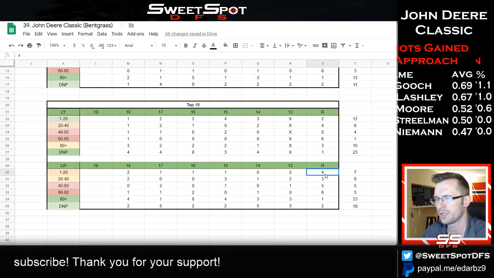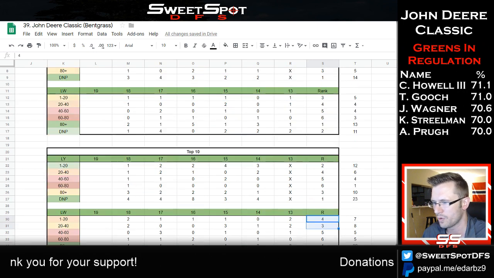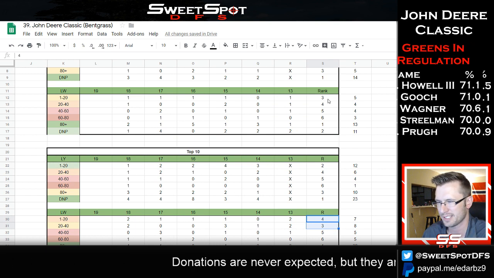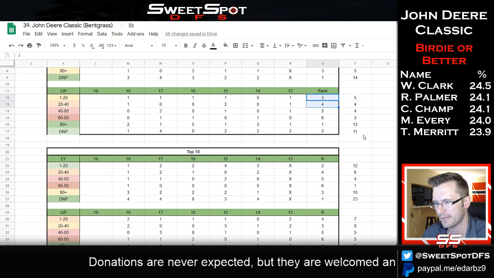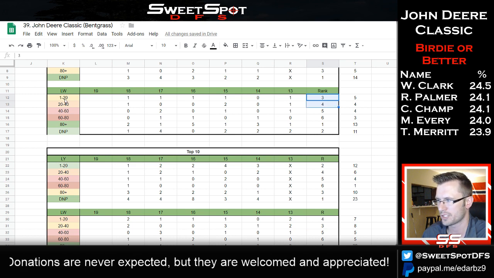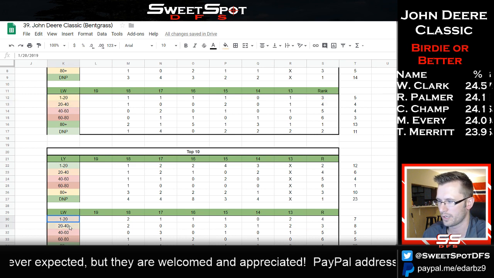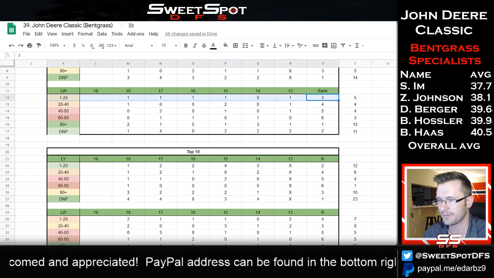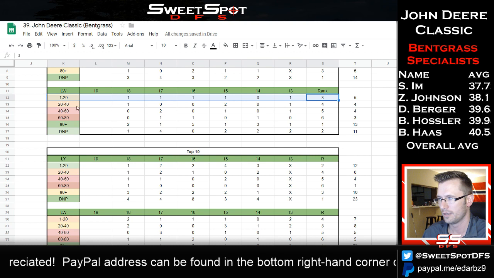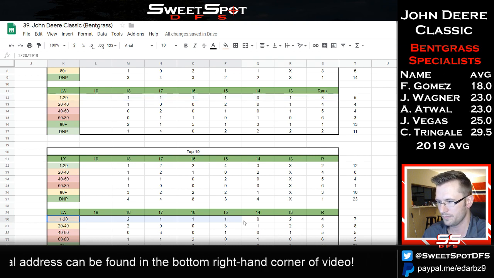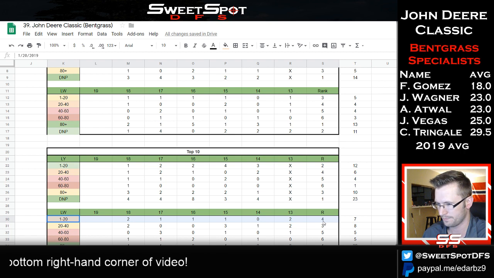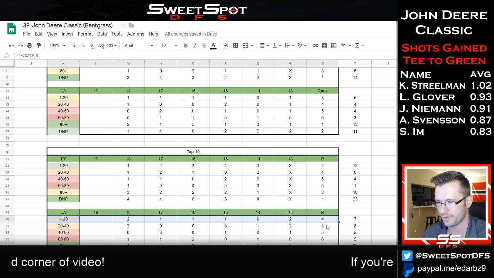Coming down here, the only notable thing to let you guys know is the last week bucket for the top 10 is slightly different than the top 5. These are the only ranges that switch, the 1 to 20 and 20 to 40. I like to go by the top 5, especially if it's close. So when we look at the DraftKings spreadsheet, we're going to focus more on the 4s than the 3s.